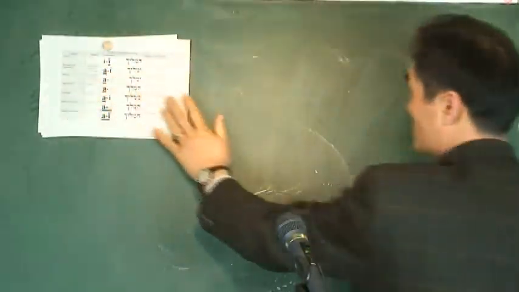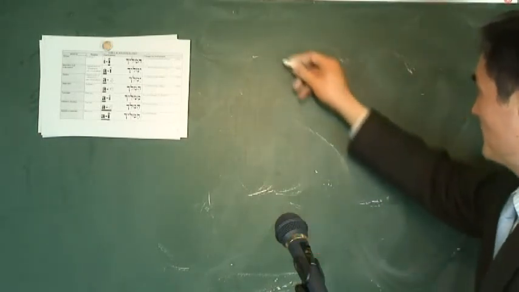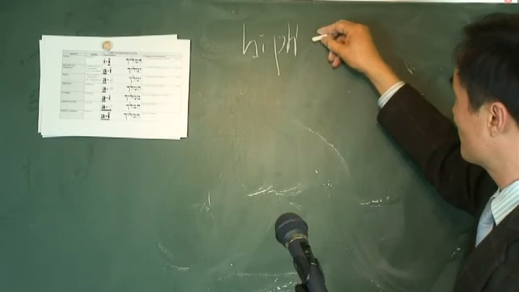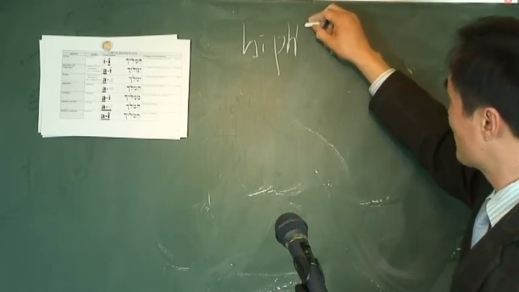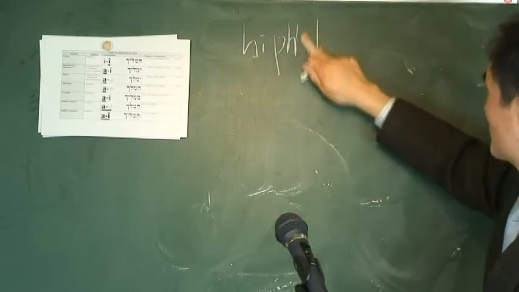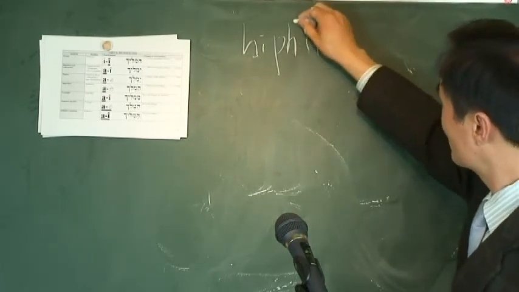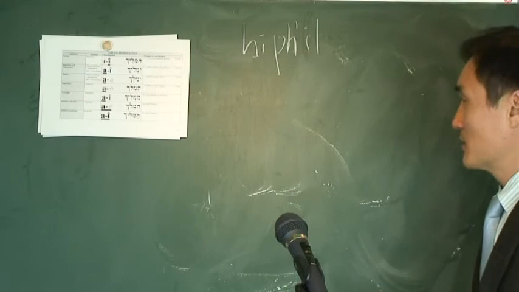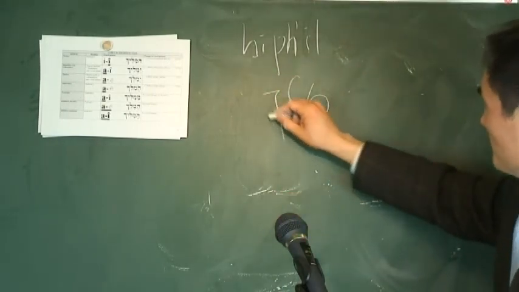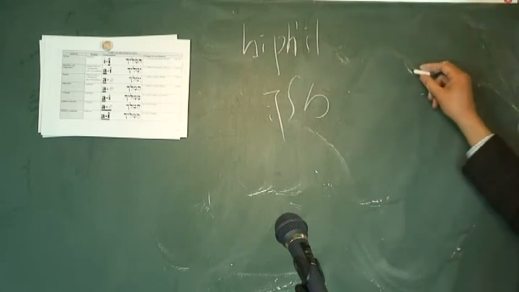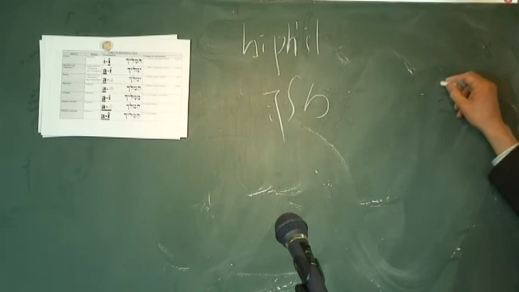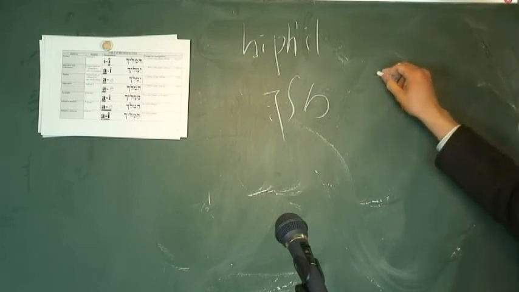Next, the hifil. The hifil has a causative active voice. We can use the name of the hifil to find the hifil form of the verb malak.